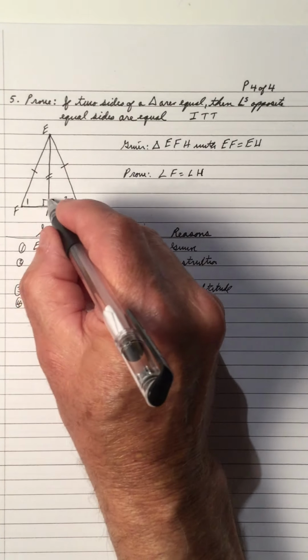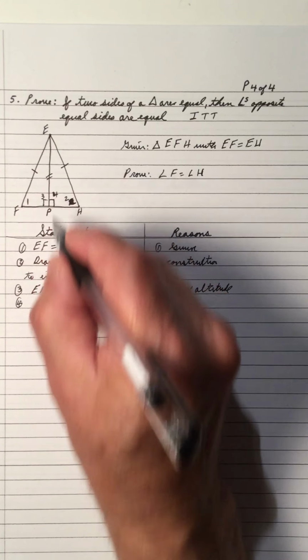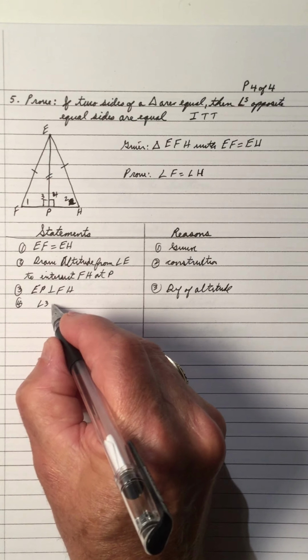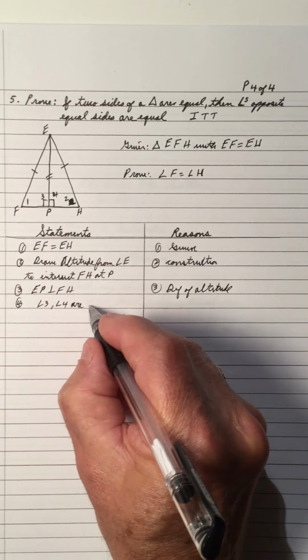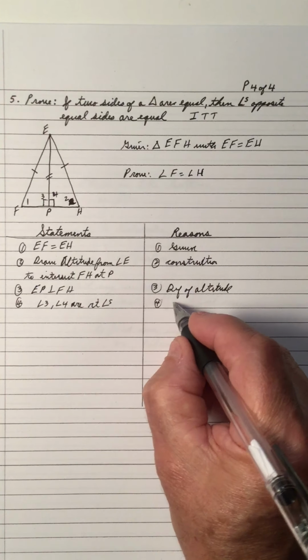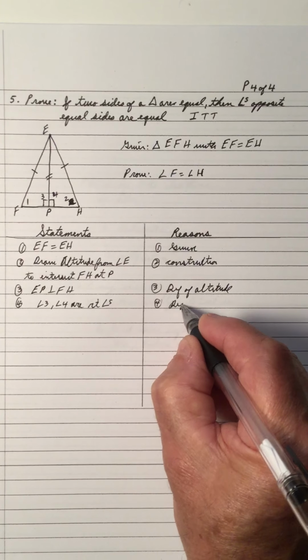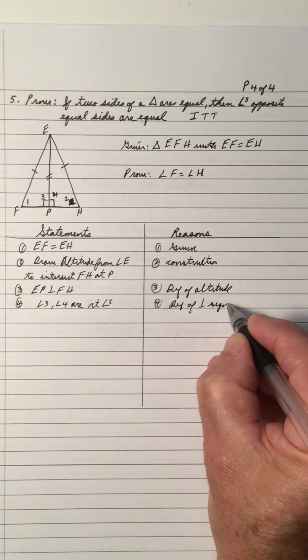And that means that, let's name angle 3 and angle 4. Angle 3 and angle 4 are right angles. That's definition of perpendicular segments or lines.